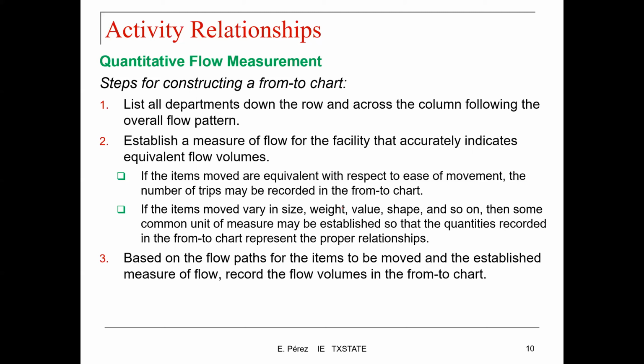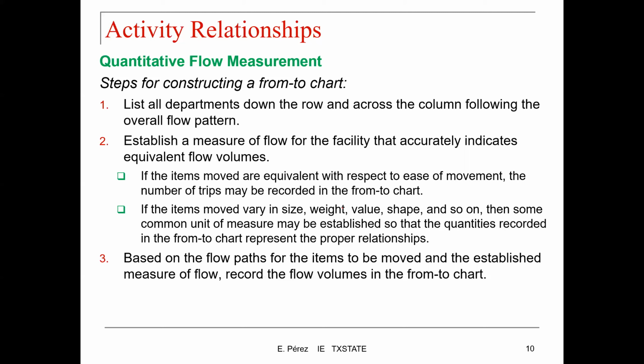So that has to be a common unit. For example, if you're using pounds to measure the weight, and that's the unit that you want to use to quantify the flow, then you have to make sure that the pounds are used for all the measurements.